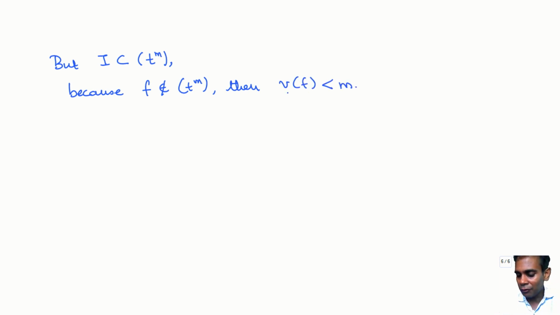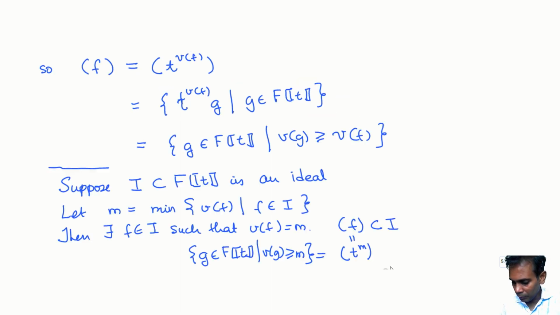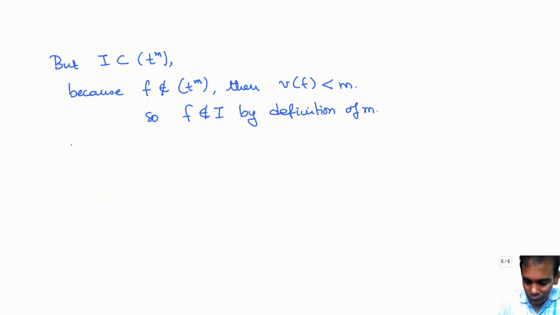But by definition of m, f is not in I. Right? Remember how we defined m? We defined m to be the smallest possible valuation of the elements of the ideal I. So what we have concluded is I is equal to the ideal generated by t to the m.